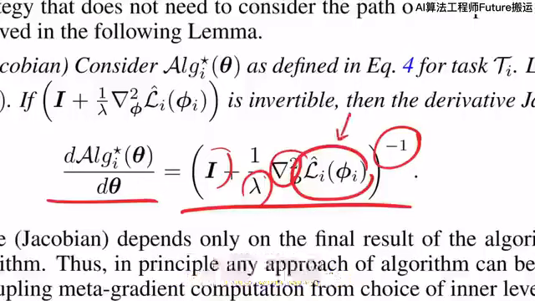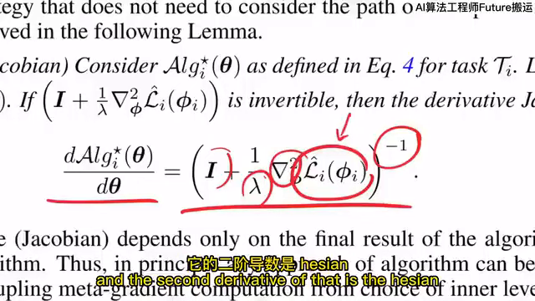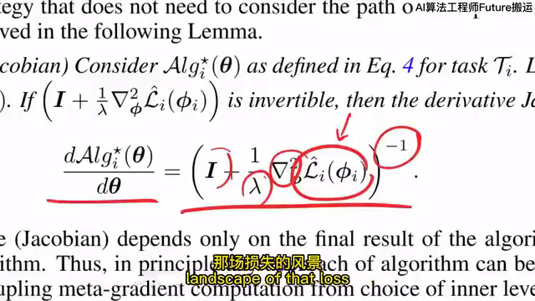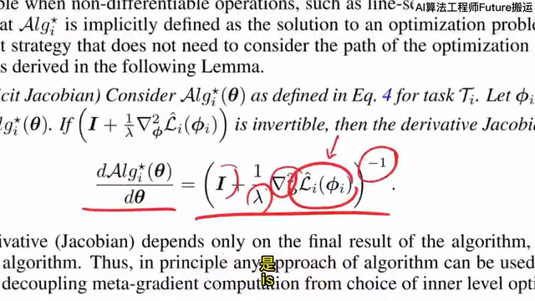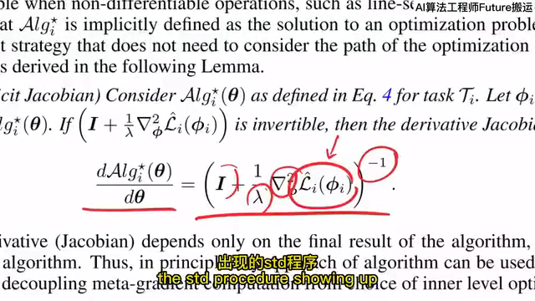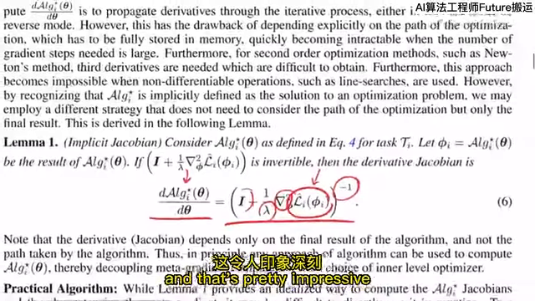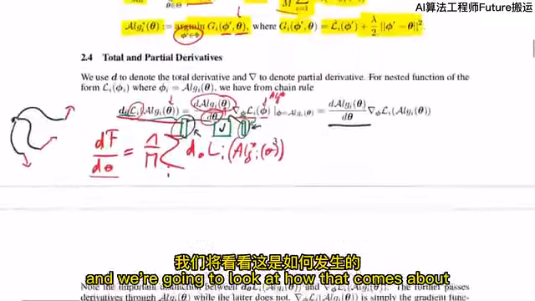So this is this end gradient that we can calculate easily. And the second derivative of that is the Hessian, which is basically the curvature in the landscape of that loss. But nowhere in this thing is the SGD procedure showing up, even though this thing here is the SGD procedure. And that's pretty impressive, and we're going to look at how that comes about.